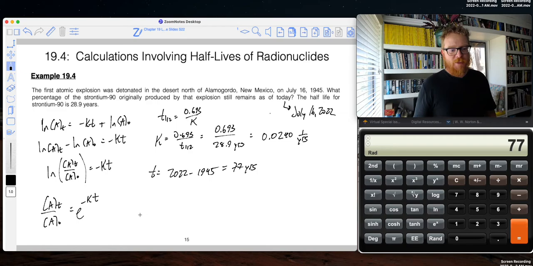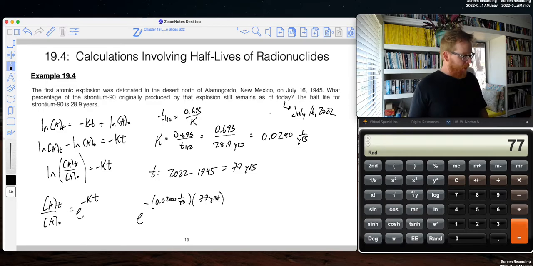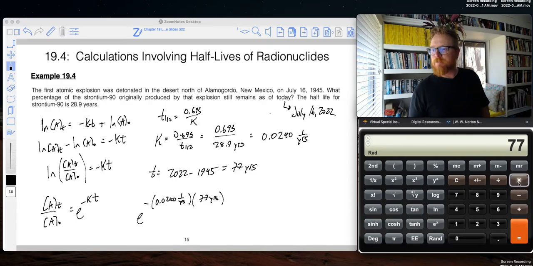So we can now just say that's e to the negative k, which is 0.0240 per year times 77 years. And that will give me a decimal that I can then convert into a percentage.